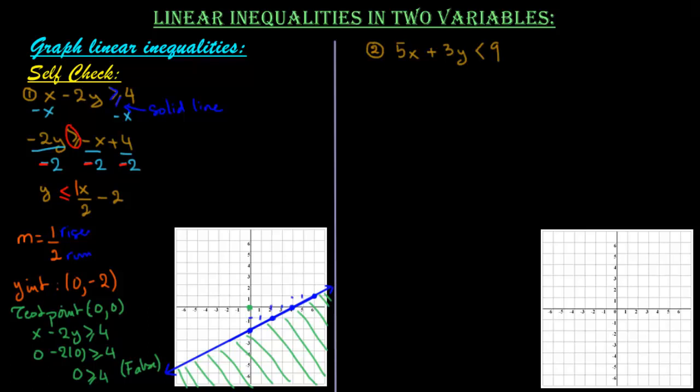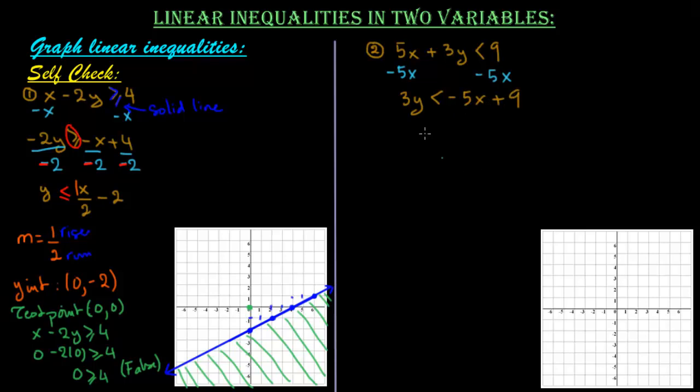Now let's go over problem 2. It looks pretty much the same. We need to isolate the y, so subtract 5x on both sides. Then we will have 3y less than negative 5x plus 9.